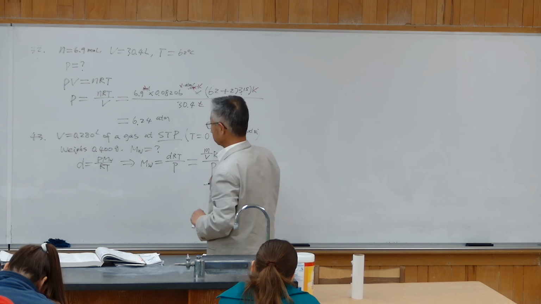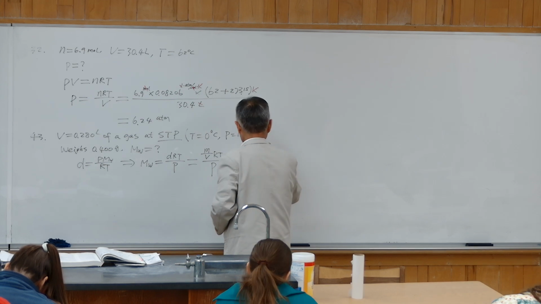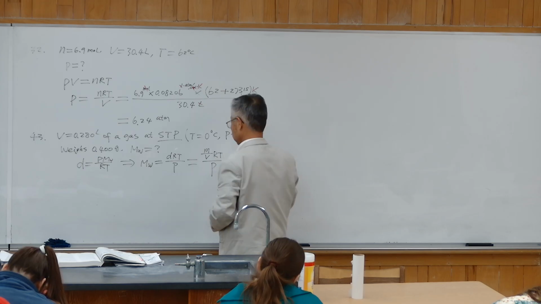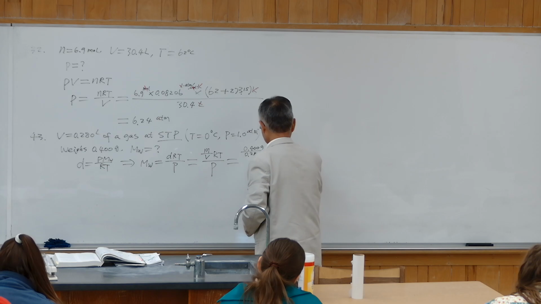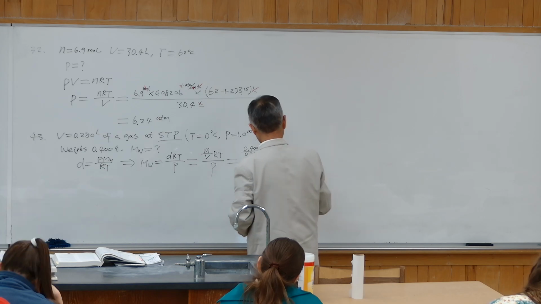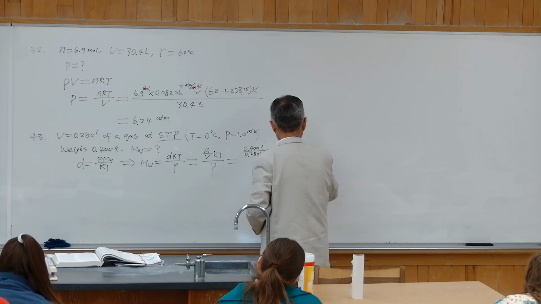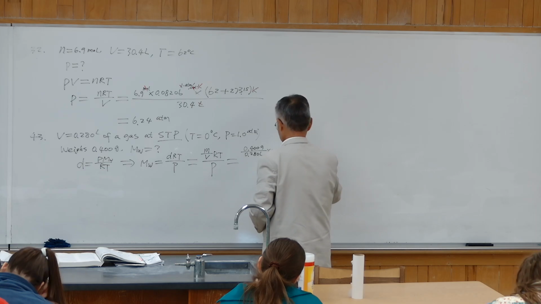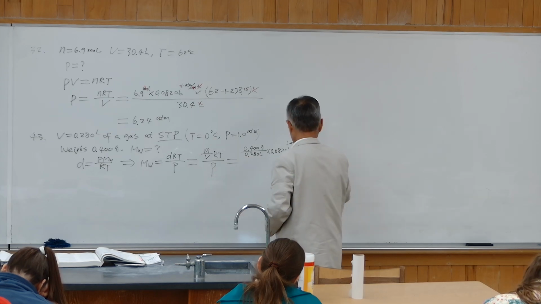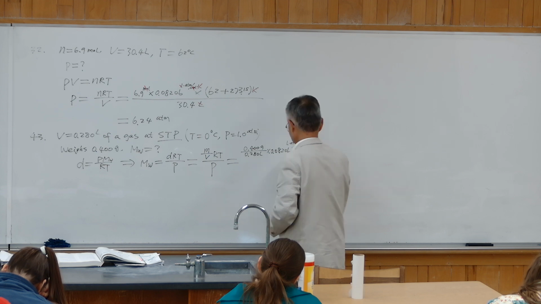Now just plug in the numbers. And mass is 0.4 gram. Volume 0.28 liter. Gas constant 0.08206 liter atm per mole per K. Temperature 0 plus 273, right? More accurately, it's 273.15.